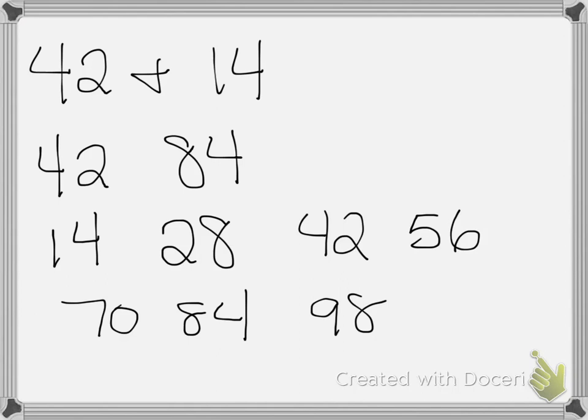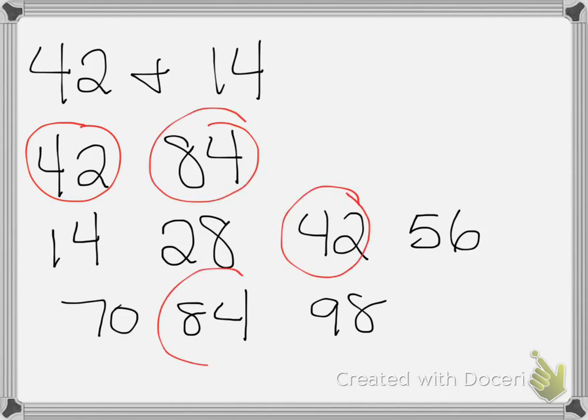So our multiples in common are 42 and 84. Our least common multiple is the smallest number they have in common. So our smallest number, our LCM, equals 42. And you now need to do 2, 4, 6, and 8 on your own.